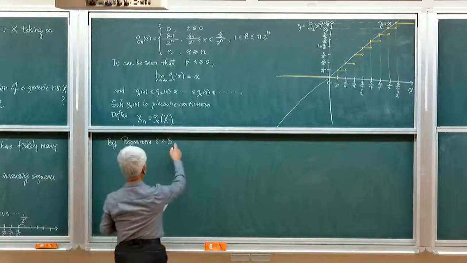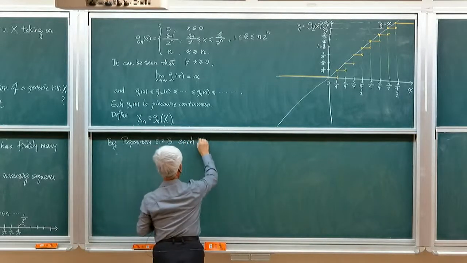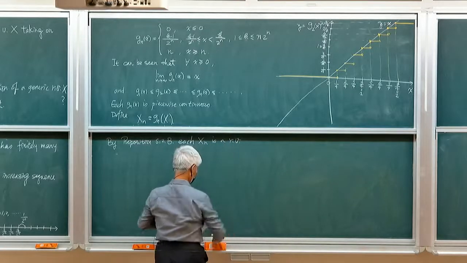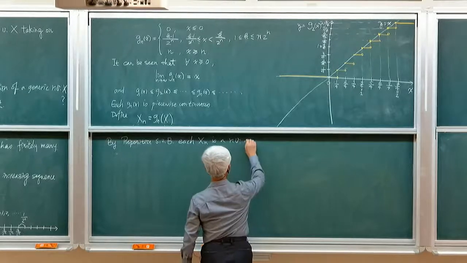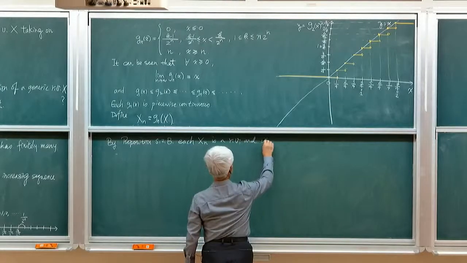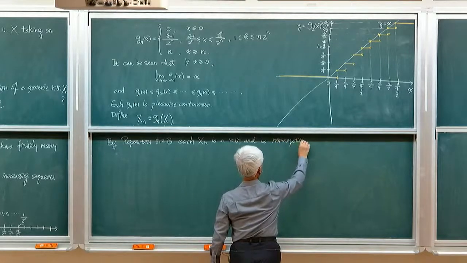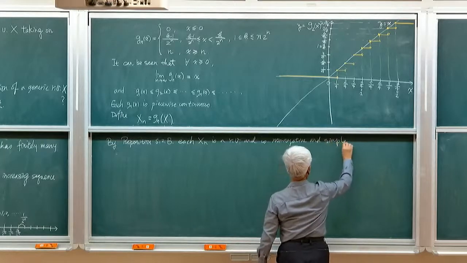So by the proposition, each Xn is a random variable, and it's non-negative and simple, right?